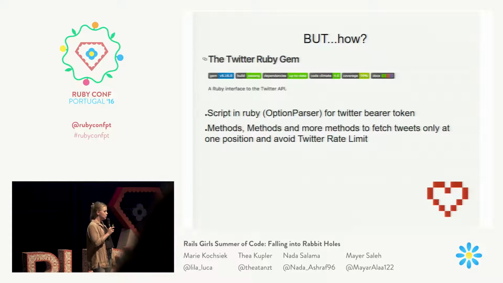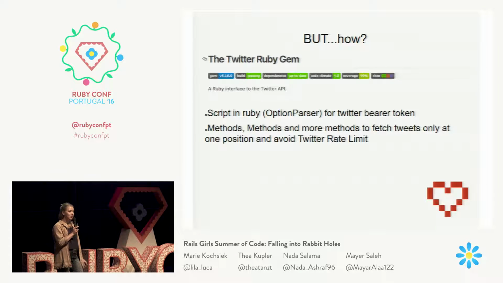We also made sure not to reach the Twitter rate limit, which we struggled with a lot in the beginning, and only have the API call at one position. So that's basically what we did, and for you it would have only taken a couple of days. For us it took the RubyConf Summer of Code, and we are really proud that we made it work, and we now know the Twitter documentation very well.